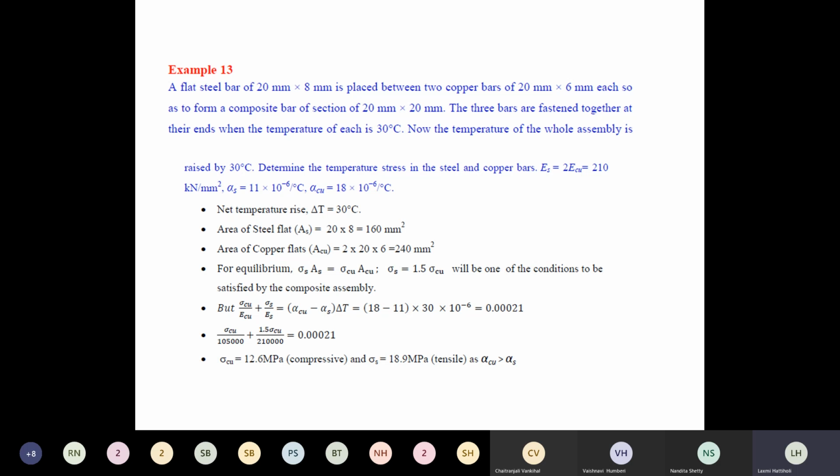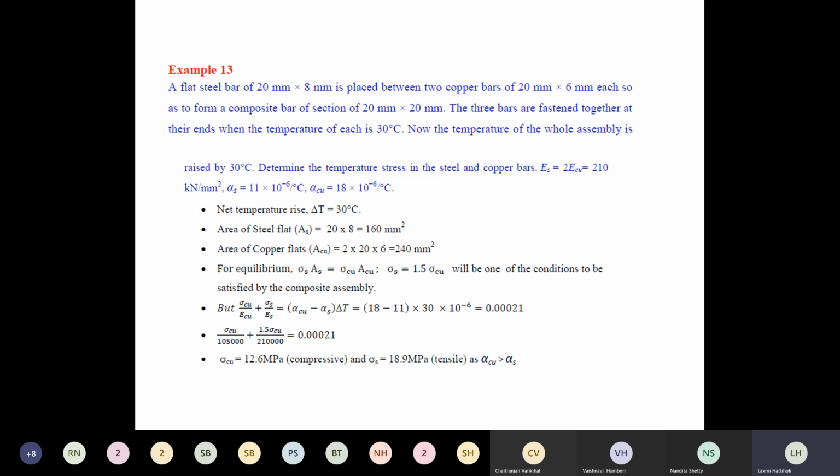Only thing is I have changed the values. Now observe: a steel flat of 20 mm by 8 mm is placed between two copper bars. Previously it was aluminium, now I am placing the steel plate on copper bars. The steel plate is 20 mm by 8 mm and the copper plate is 20 mm by 6 mm, and both are held in position to form a composite bar of section 20 mm by 20 mm.